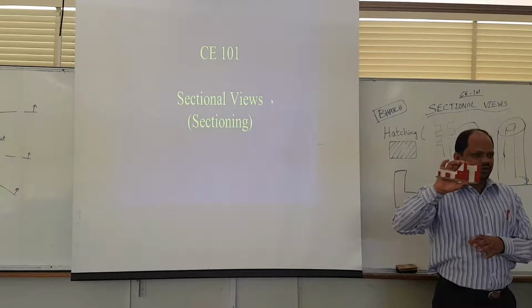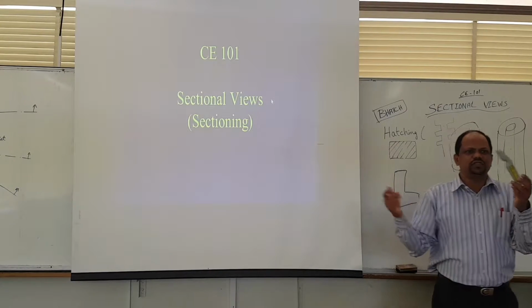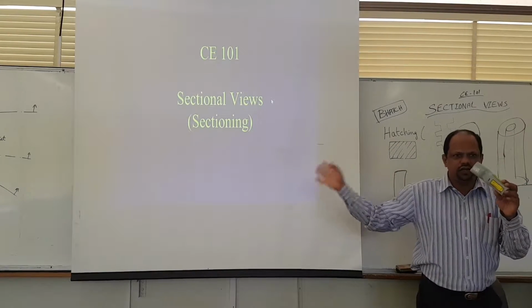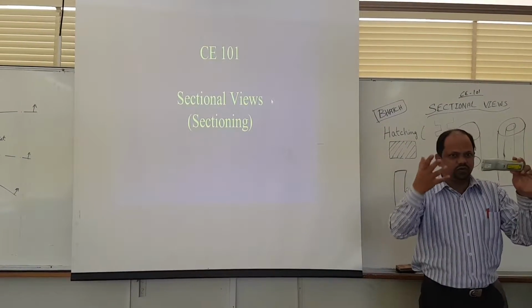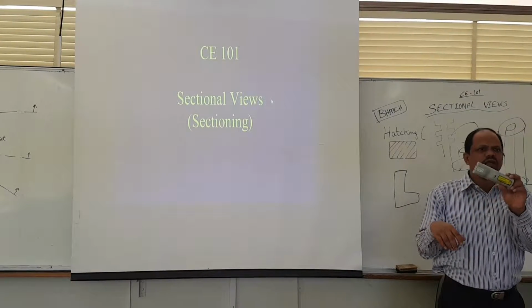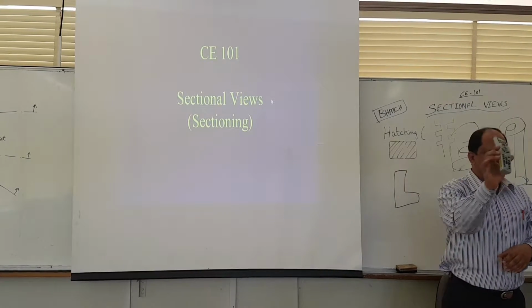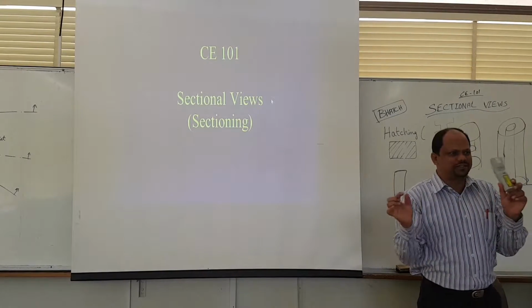A sectional view is a view in which you cut the object to see how it is inside. Why we need this sectioning will come at the end of this presentation, but just to give a quick start so that you know what you are going to see. Simple, one object, isn't it? Like opening this, it consists of many small parts.